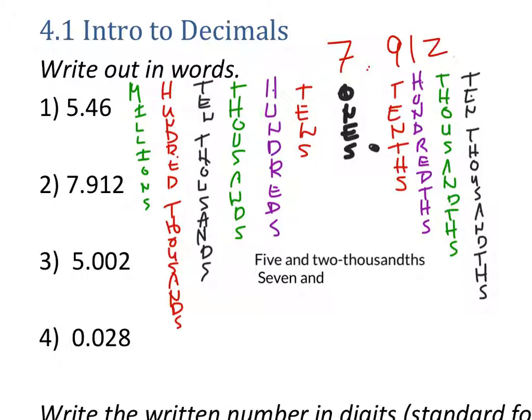So that's 912 thousandths. We don't say every place value on this, so it's not 9 tenths, 1 hundredth, and then 2 thousandths. This would be considered 912, and that's how many thousandths we have.